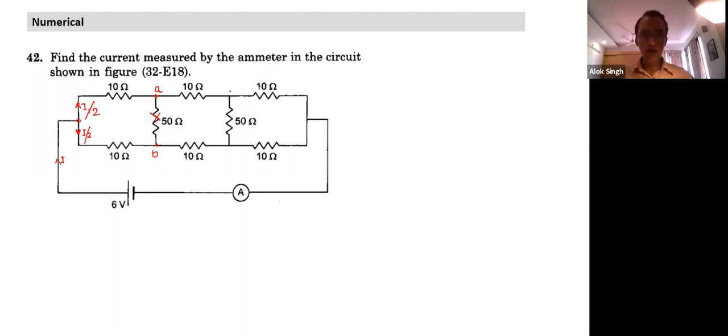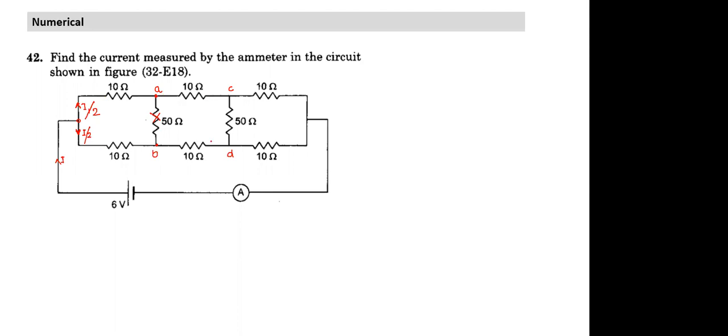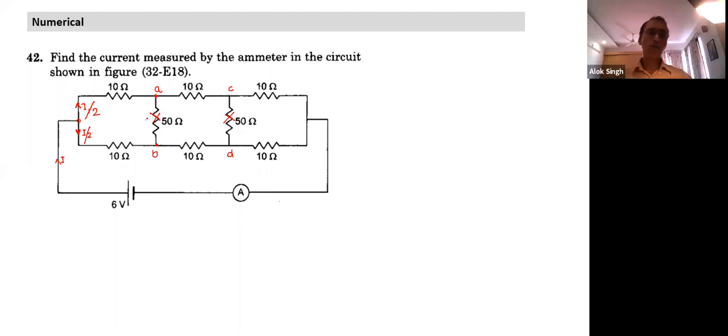Similarly, if I take these points C and D, equal current flows through equal resistance, giving equal potential drops, so the potentials are equal and no current will flow through. I can as well remove these two resistances. If I remove them, these three become parallel. So the top one becomes equal to 30 ohm and the bottom one also becomes equal to 30 ohm.